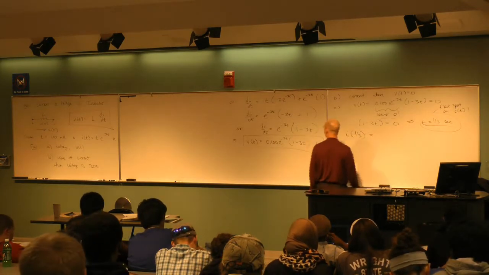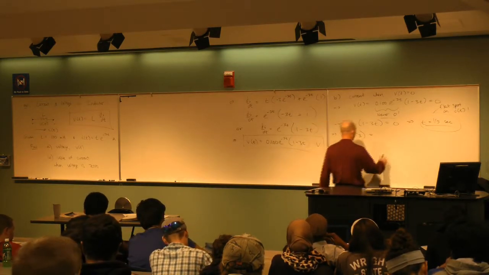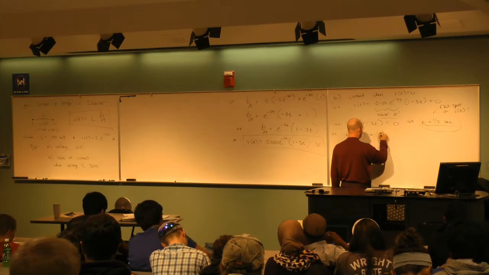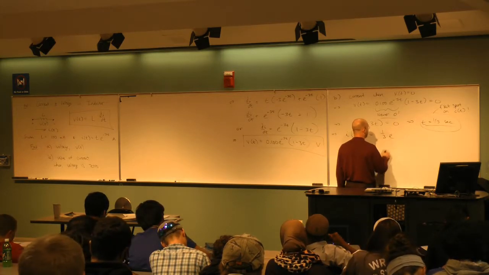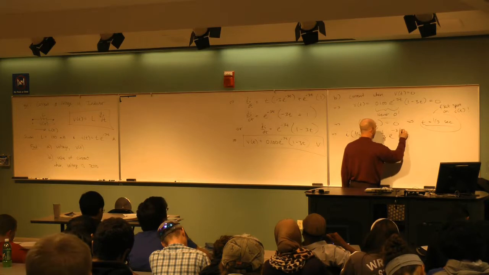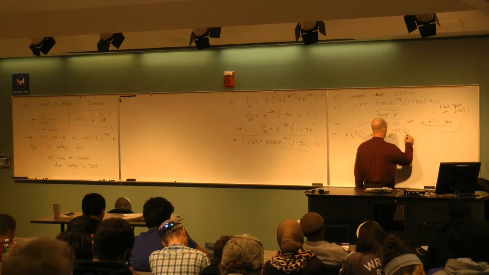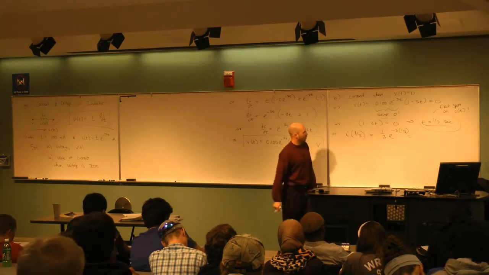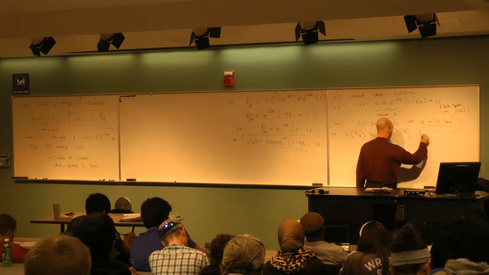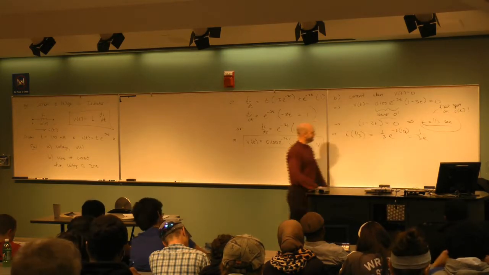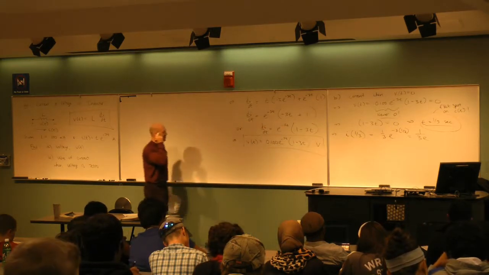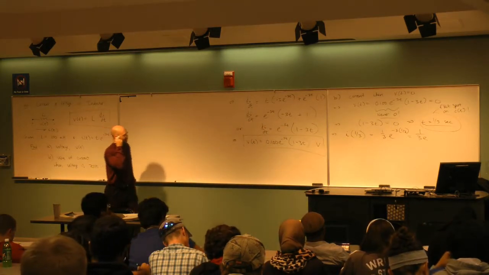So I of 1/3: I of t is t e to the minus 3t. So it's 1/3 e to the minus 3 times 1/3. It's kind of weird looking, but is this not the same as 1/(3e)? Who can compute 1/(3e) on their calculator?